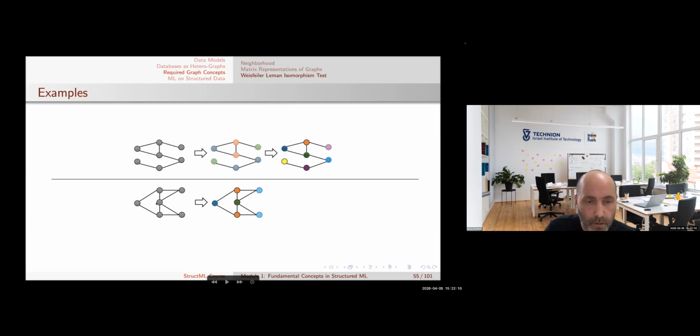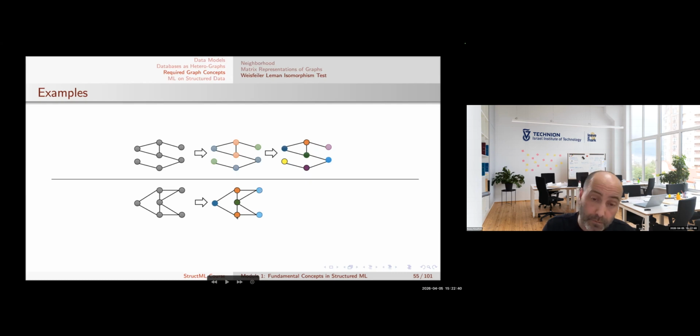We color the nodes again according to the degree. But we can see here that once we apply the algorithm again to this graph, it will get an equivalent coloring. In particular, if you look at the two orange nodes, then each orange node has a dark blue neighbor, green, and light blue or sky blue neighbor.